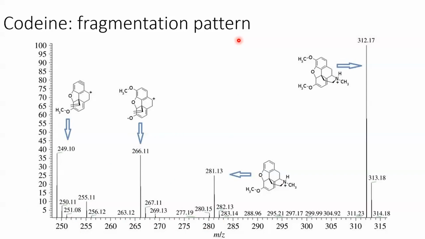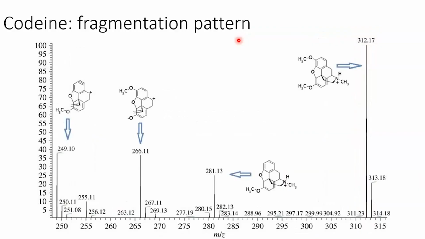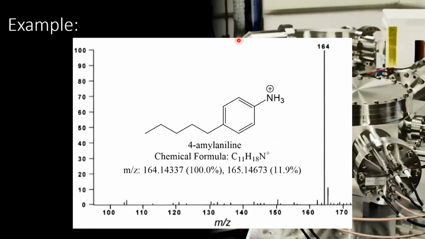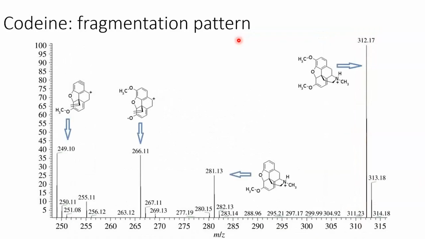So despite earlier I showed you 157 variants that will have a combination of atoms that gives you 164, the way that each of these different molecules fragments will be unique. So we can take advantage of that, and instead of just focusing on the molecular ion, we can also look at the fragmentation pattern and where these fragments actually appear.